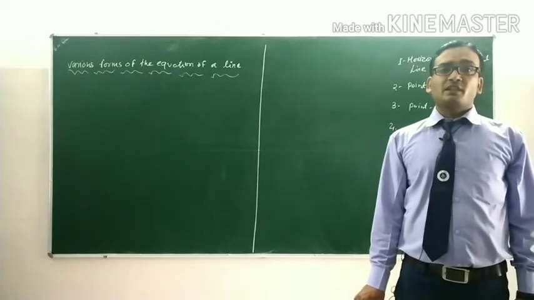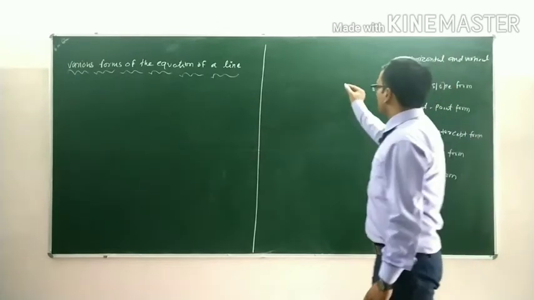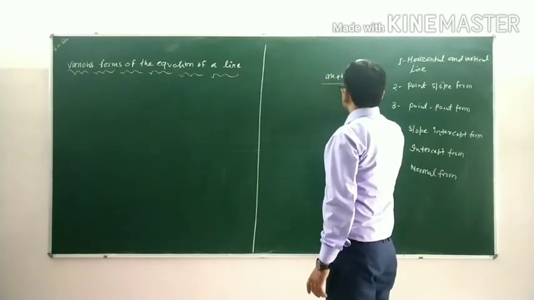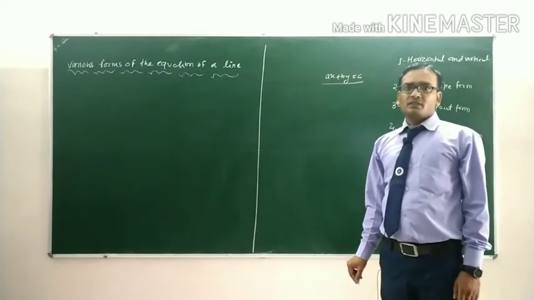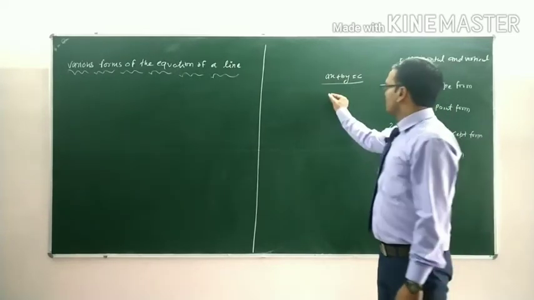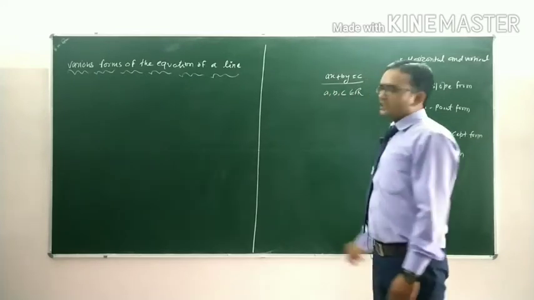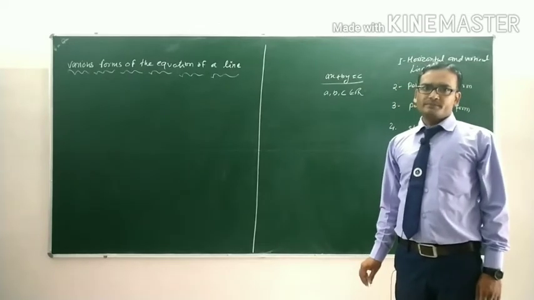The equation of a straight line is a linear equation in two variables, that means ax plus by equals c, where a, b, c are constants belonging to the set of real numbers and x, y are the variables.